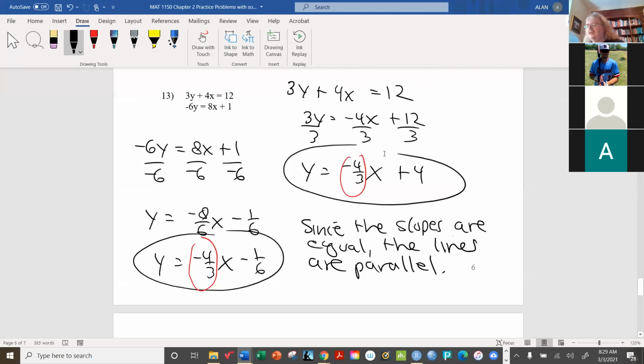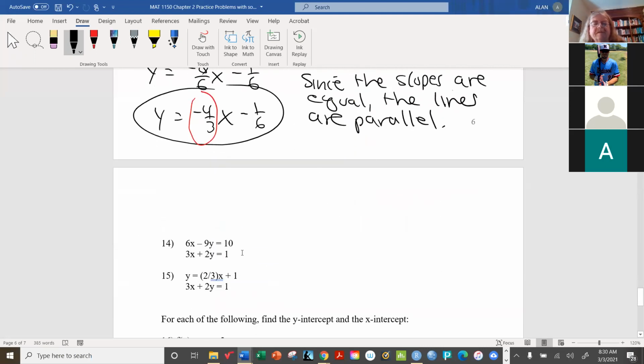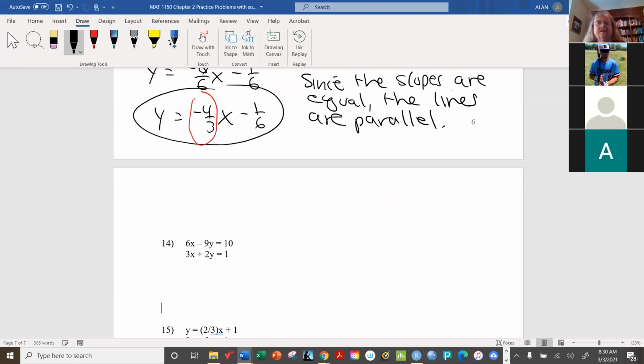All right, let's see what's coming up next. What do we have now? So for this pair, let's see what we can do with it. 6x minus 9y equals 10.